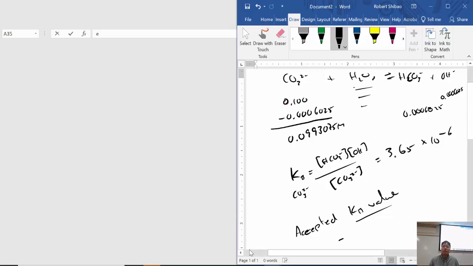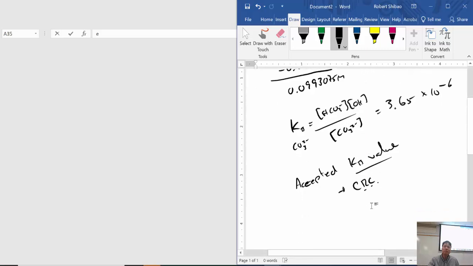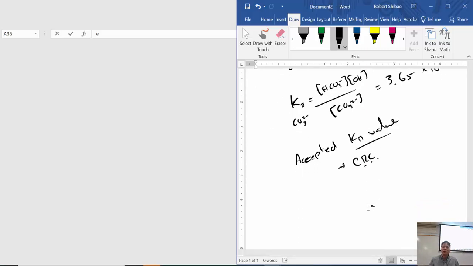We would probably look at the one that is the CRC. Does that ring a bell? Do you remember what CRC stood for? This is the name of the publisher. You might think it's odd, but this stands for the Chemical and Rubber Company.